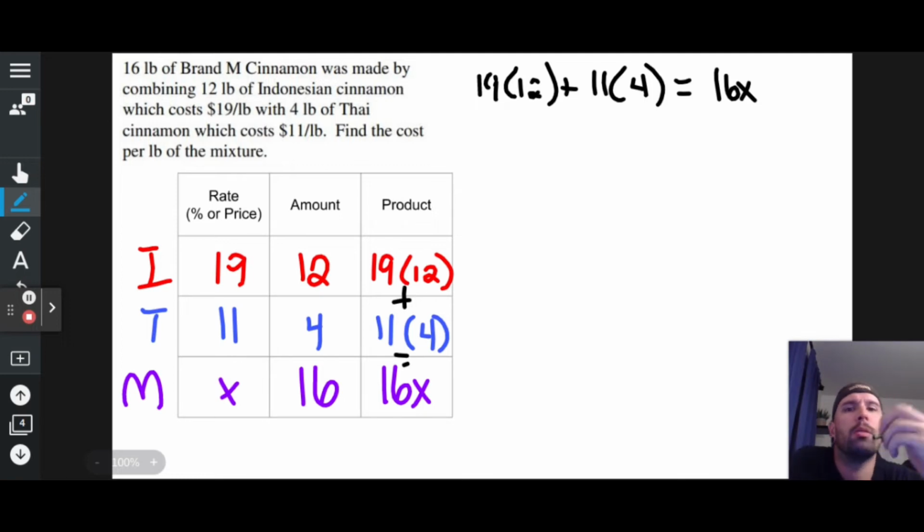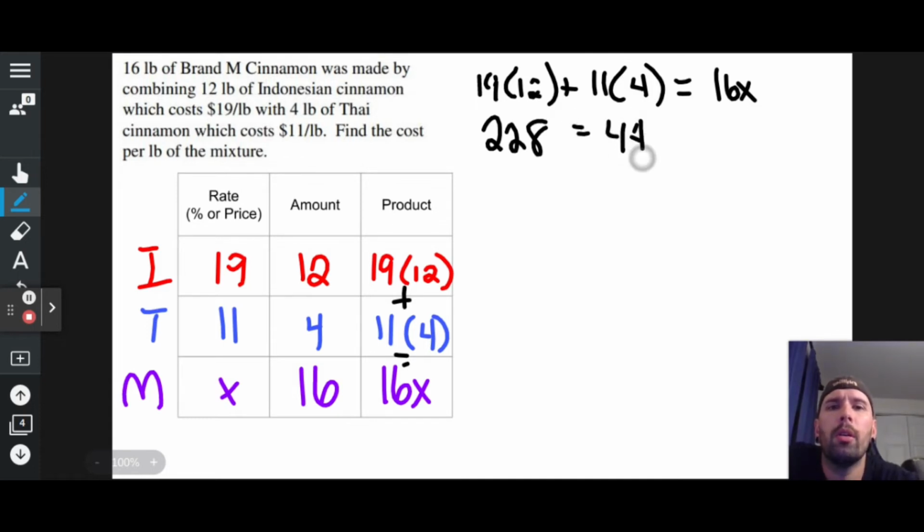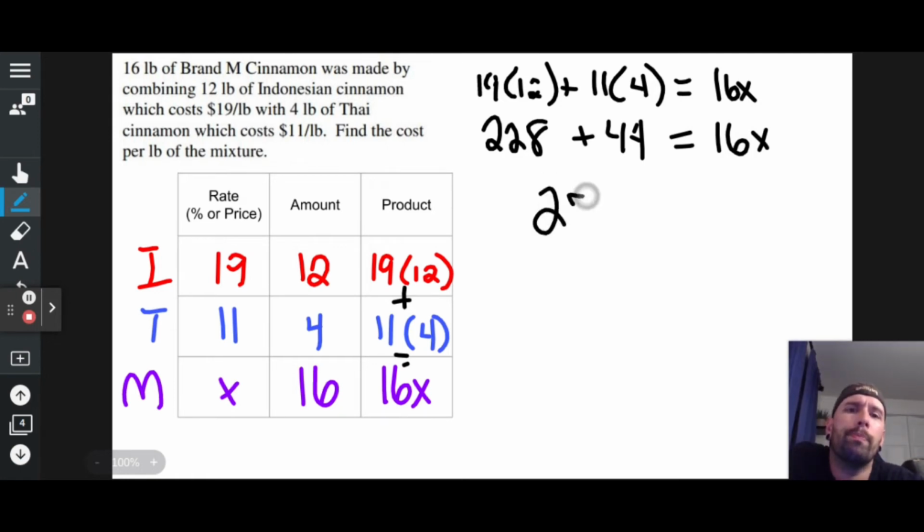It's 228. I'm going to add that to 11 times 4, which is 44. Add that, not equal it. Shame on me. And that's going to equal 16x. 228 plus 44. It's 272. That's going to equal 16x.